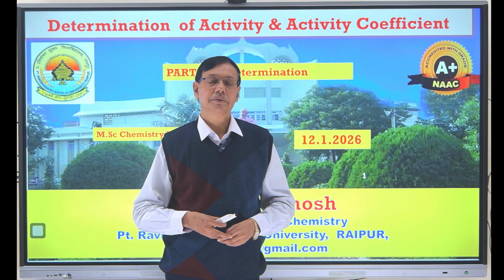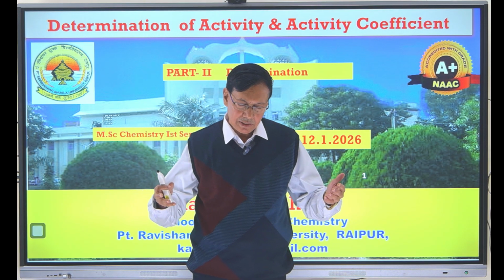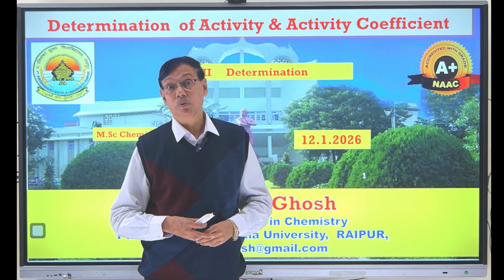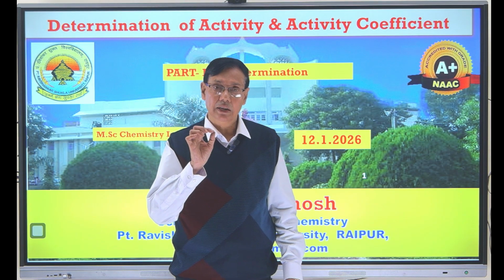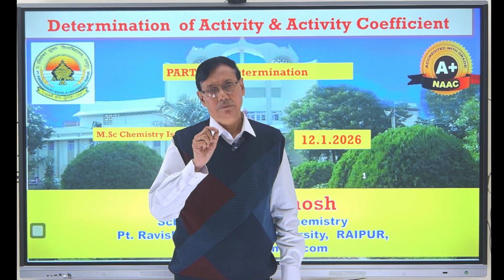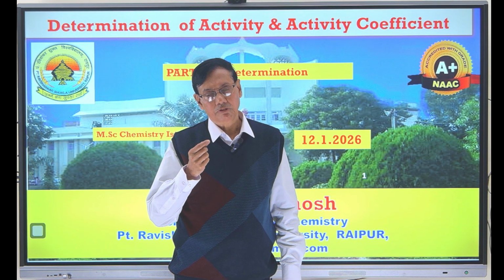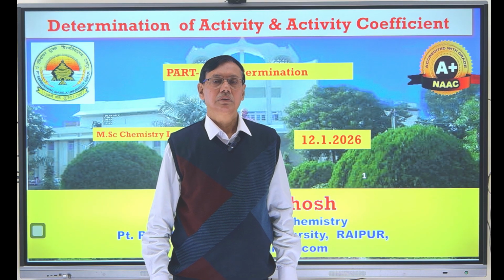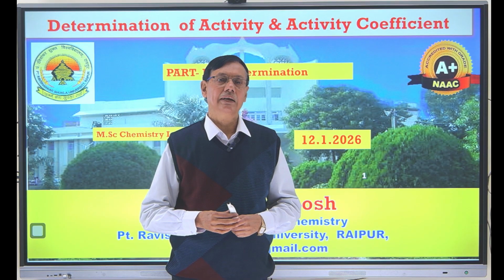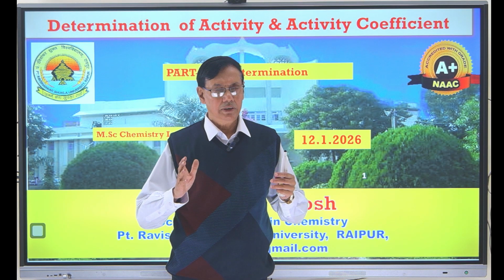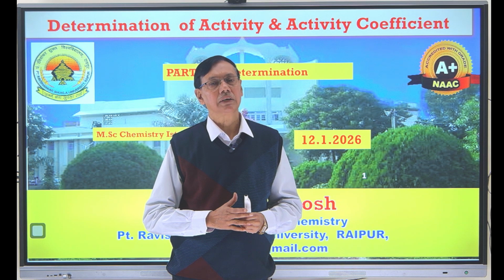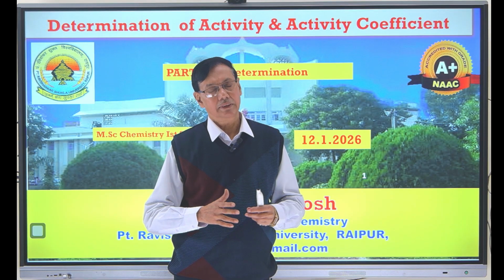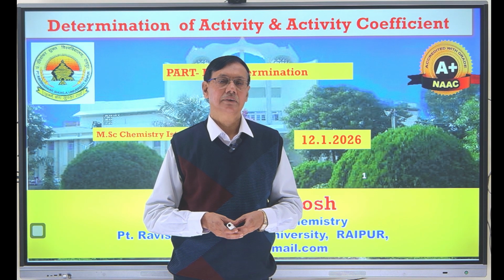That is to be determined. And there are many methods available in the literature. And it is very important because singly we cannot determine the activity coefficient of the cation or the activity coefficient of the anion. So the general procedure is the determination of the mean ionic activity coefficient, mean activity, mean molality like that.